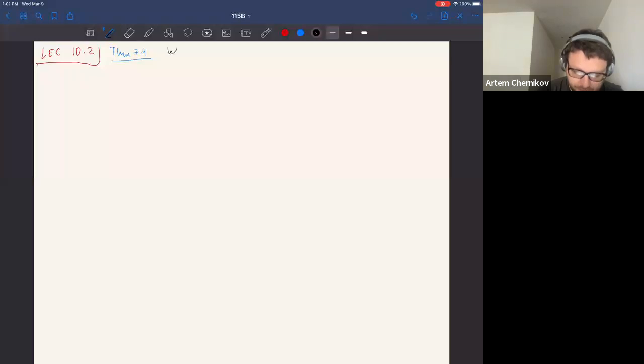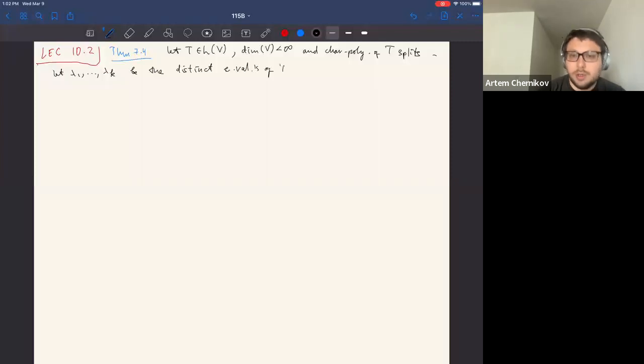So the situation here is the following. As usual, we have a linear operator T on V, where V is a finite dimensional vector space, and the characteristic polynomial of T splits. Then we let, as usual, lambda 1 through lambda k be the distinct eigenvalues of T, with multiplicities m1 through mk.